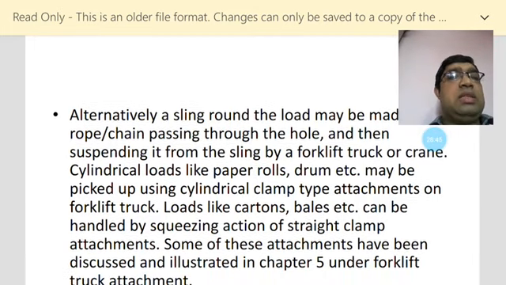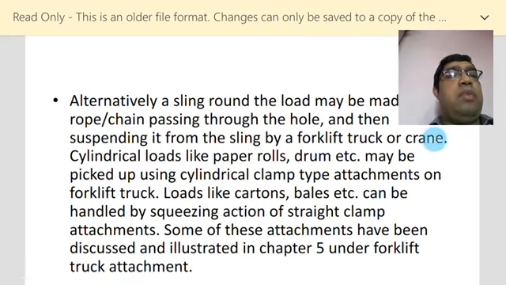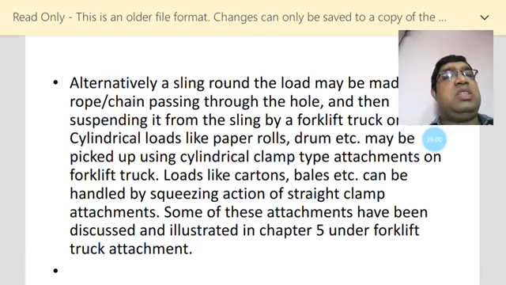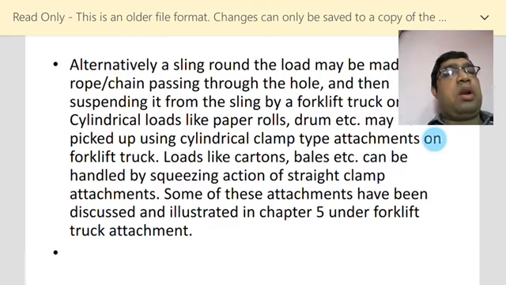Cylindrical loads like paper rolls, drums, etc., may be picked up using a cylindrical clamp type attachment on the forklift truck. Loads like cartons, bales, etc., can be handled by the squeezing action of a straight clamp. Basically, you have to note the squeezing action of the straight clamp attachment. Some of these attachments have been discussed under forklift truck attachments.